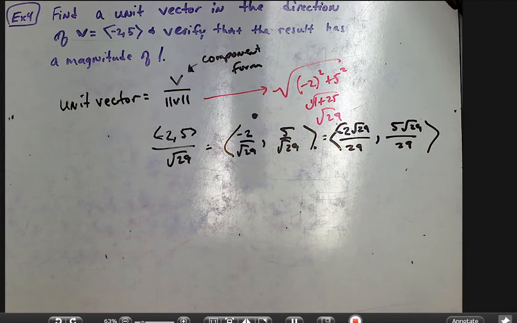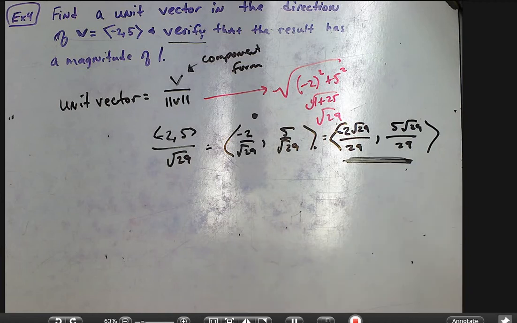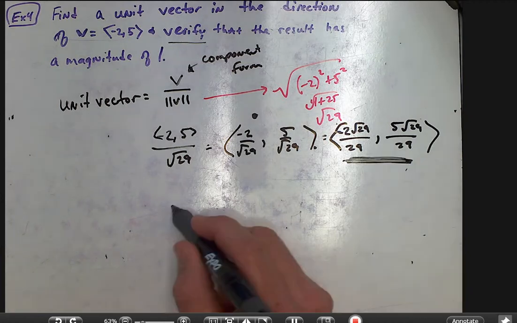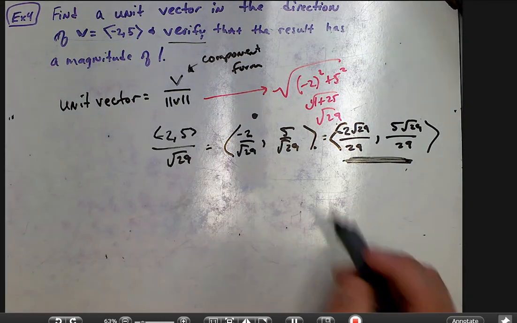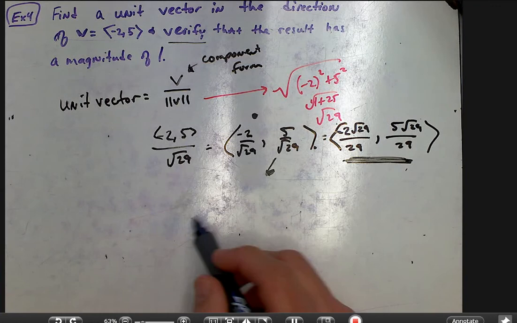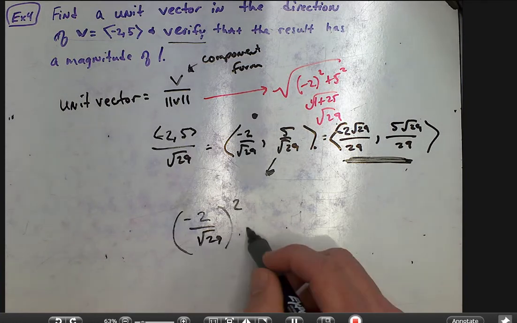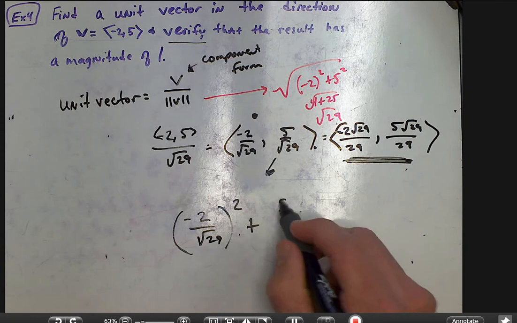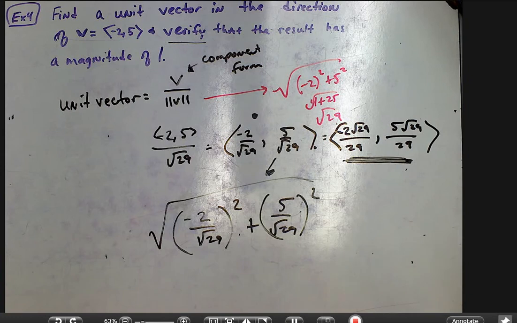The second part says to verify that the result has a magnitude of 1. In order to verify this, what I would probably do is take the unsimplified version and go negative 2 over square root of 29 squared plus 5 over square root of 29 squared, and we're taking the square root.